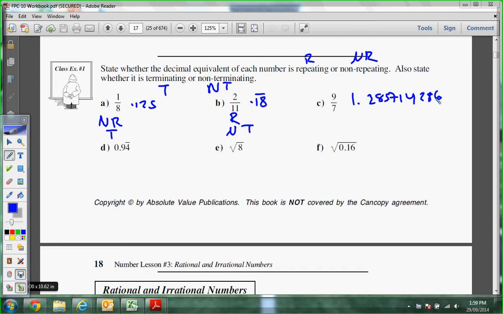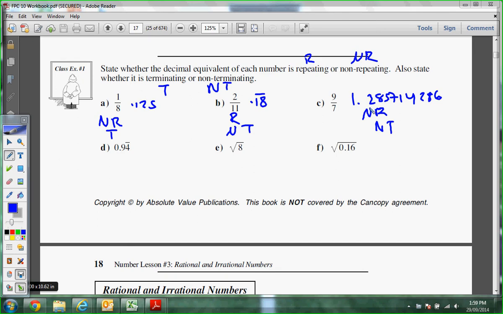No, that's right. That's the weird one where it starts repeating from a later point, I think. Yeah, you would have to go a little further. We'll look at it in a second. It looks non-repeating, so maybe my notes are just wrong. Okay, so we'll go non-repeating, non-terminating. That's fine.